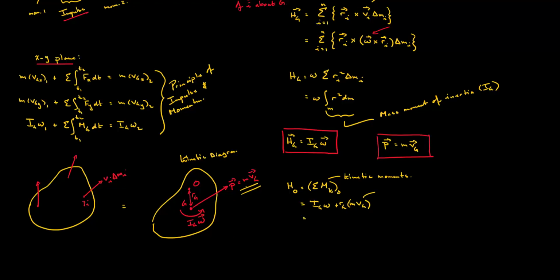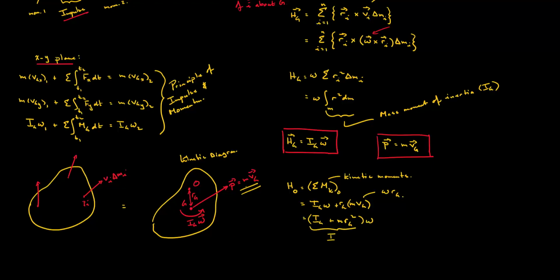Now, given that this can be expressed as omega r_G, we can factor this out. So we will have m r_G squared multiplied by omega.